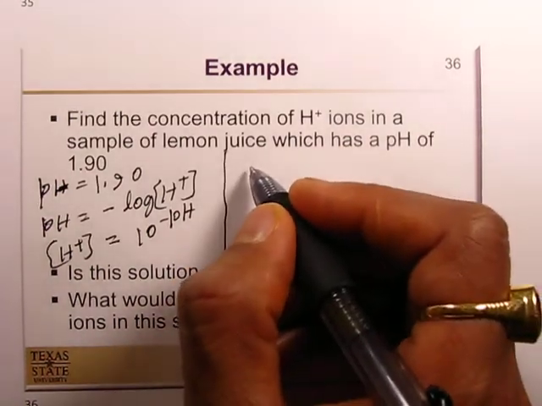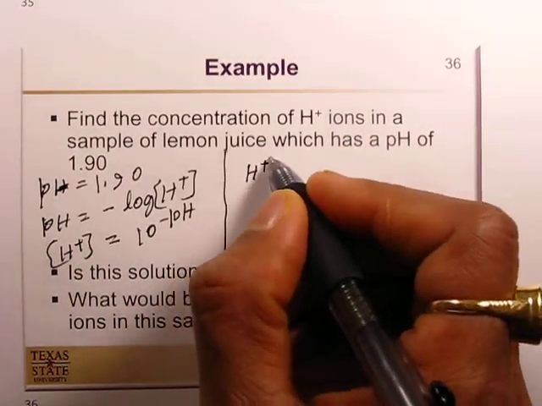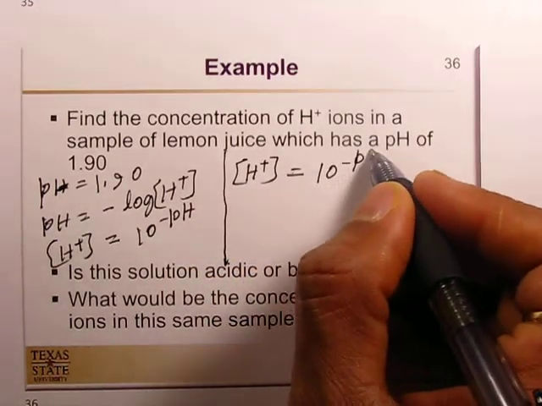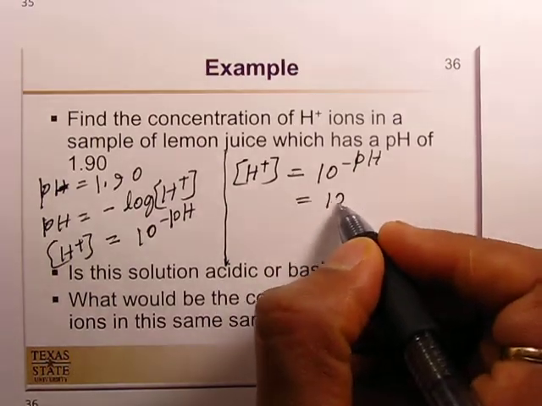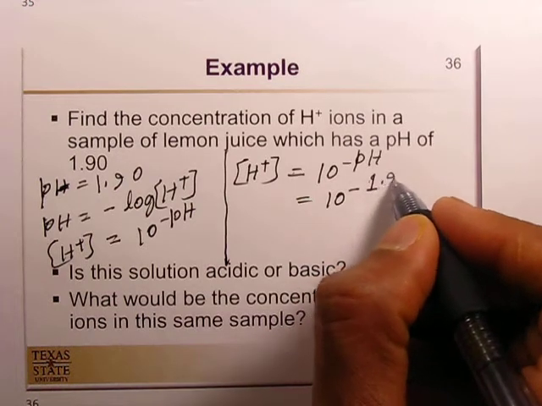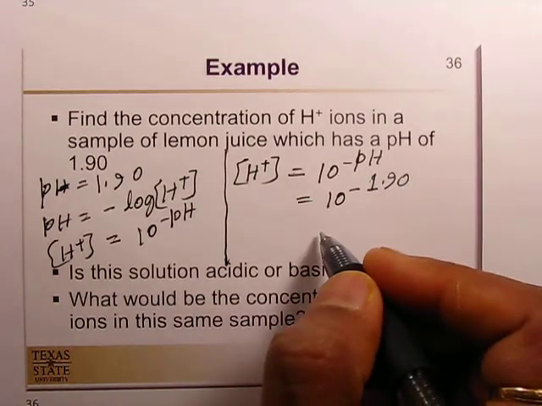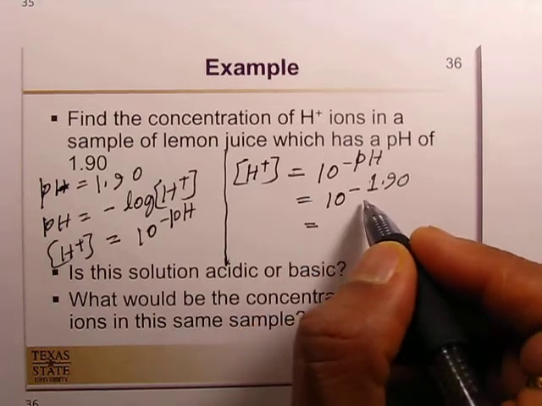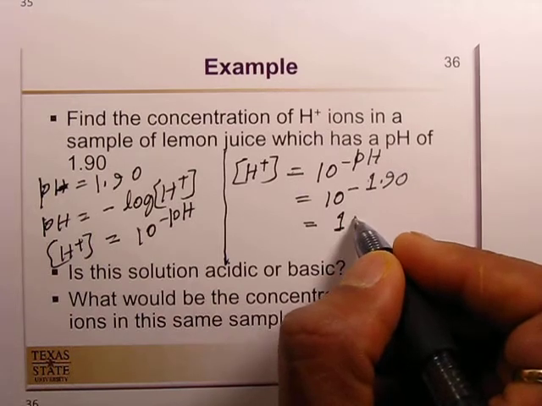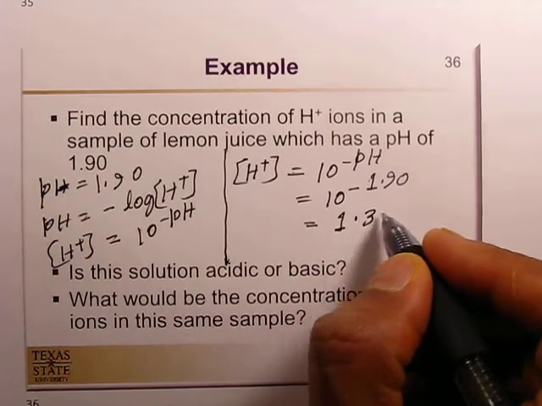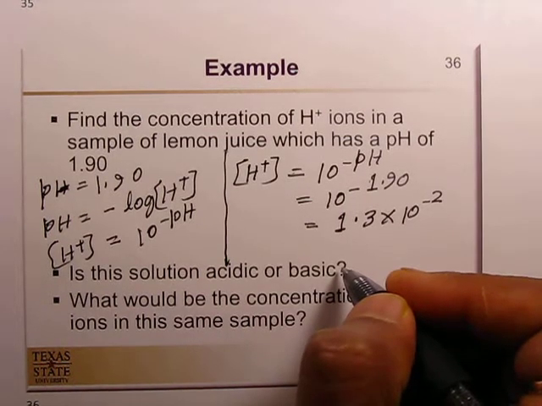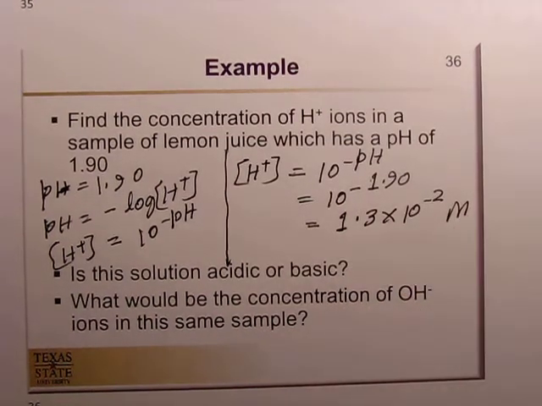Hydrogen ion concentration will be equal to 10 raised to the power minus pH, and rather than pH we can replace it with this value, 1.90. Once we take 10 raised to the power minus 1.90 on the calculator, it will come to around 1.3 times 10 raised to the power minus 2 molar concentration.